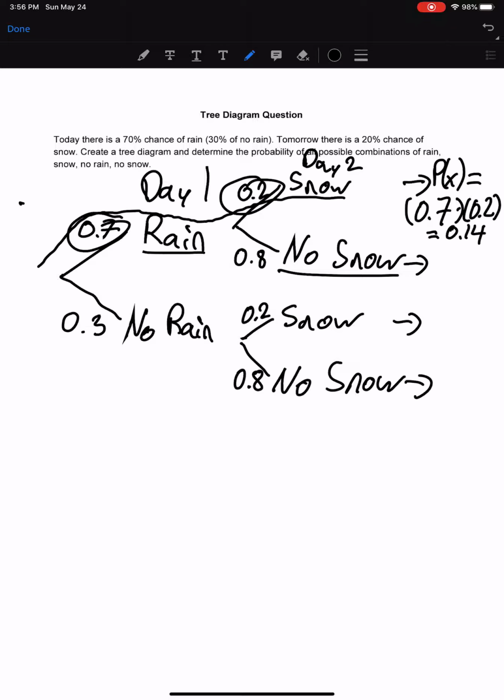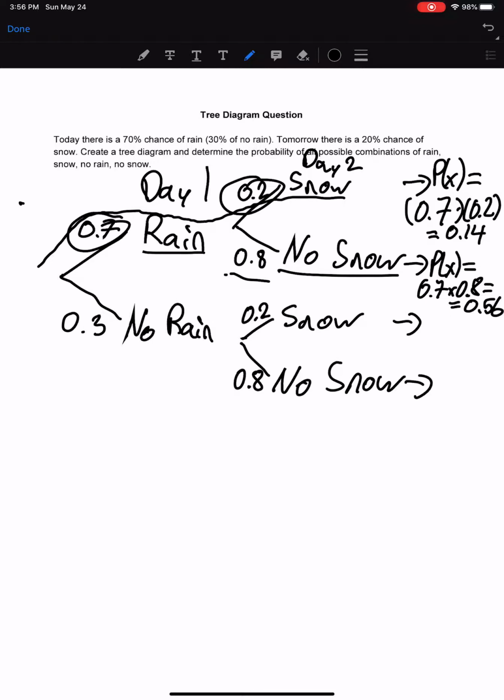You just follow along your tree diagram left to right. So at first we hit rain, which has a 0.7 chance, and then we hit no snow, which has 0.8 probability. So again, then the probability is just 0.7 times 0.8, which is then just 0.56.